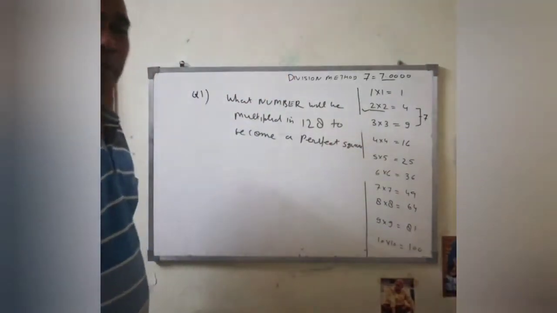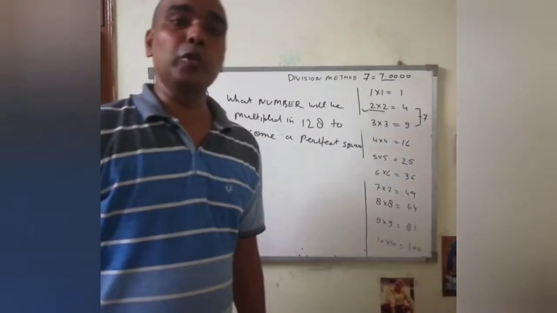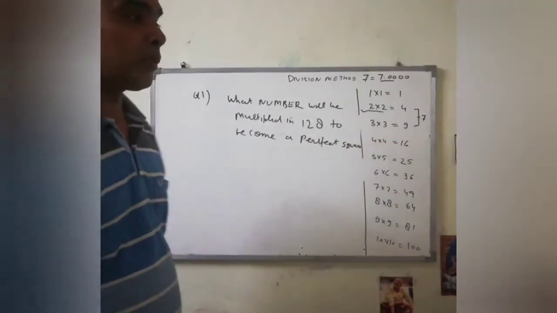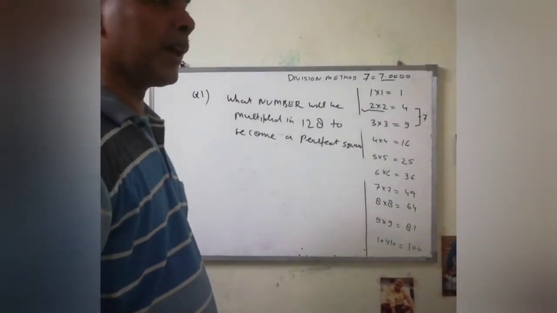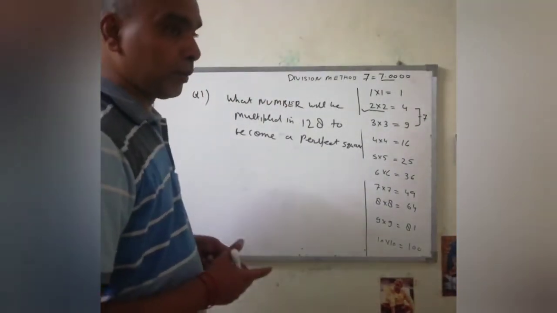So how can we solve this type of problem? So I have already told you three methods to find the square root. So 128 is not a perfect square. So we need to multiply by some number. Okay. So how can we solve this type of problems?